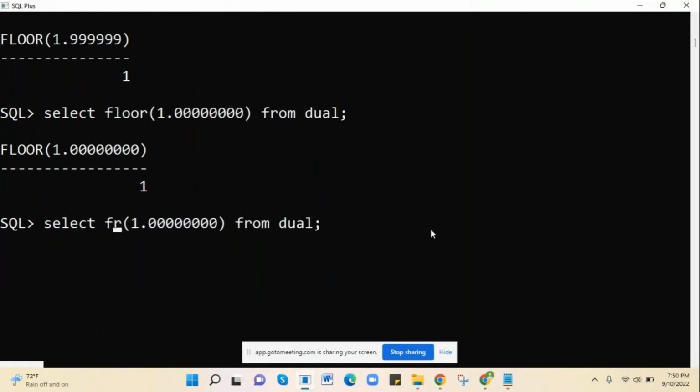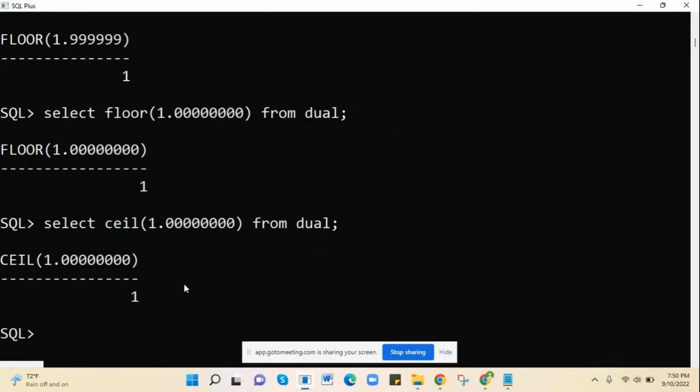If you are using seal also, 1.0000 ఏమొస్తుంది, 1. It is not 2. Why? Because 1.00 means 1 only.